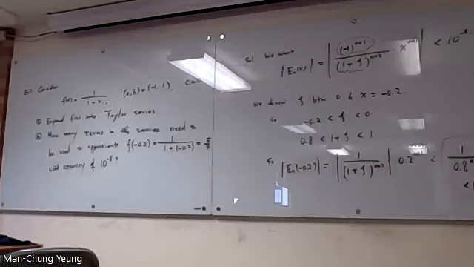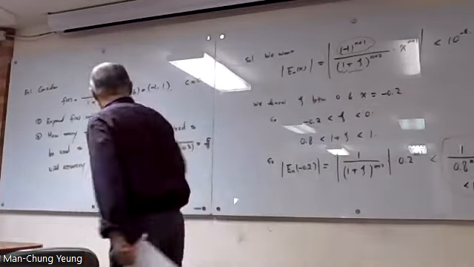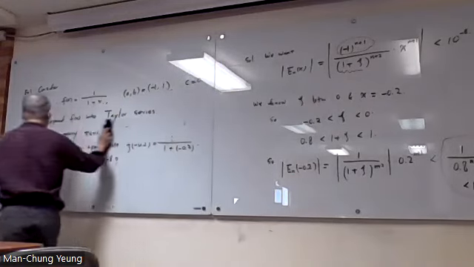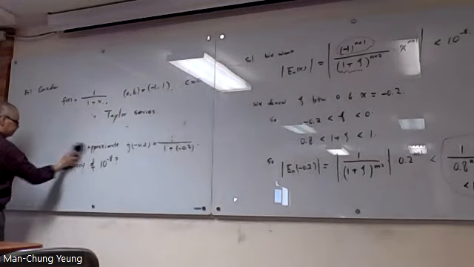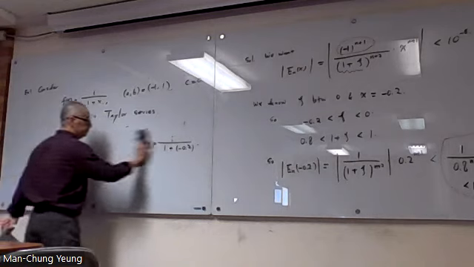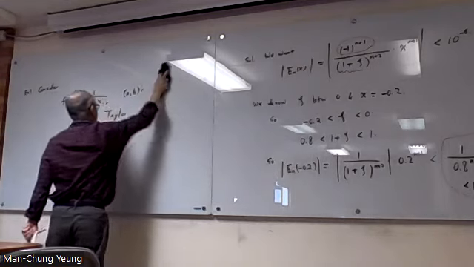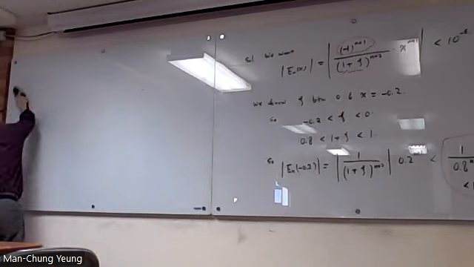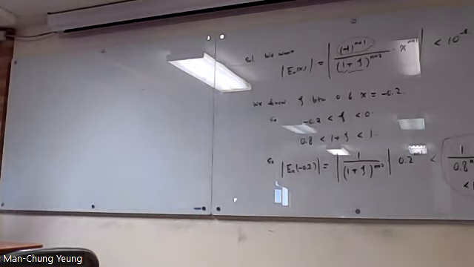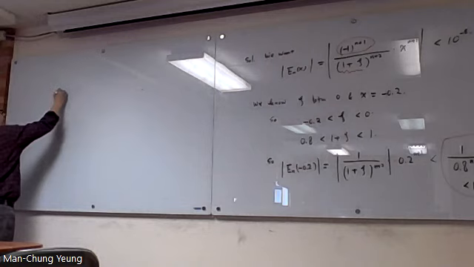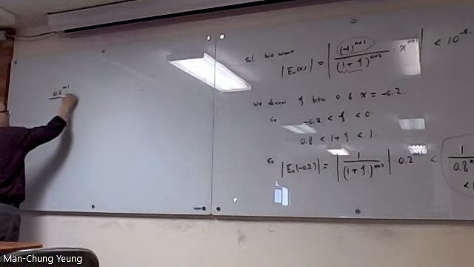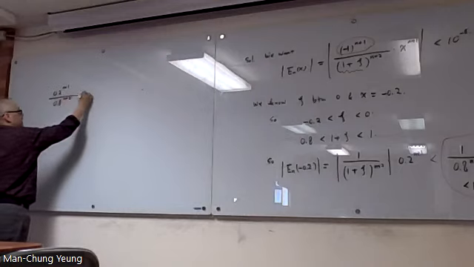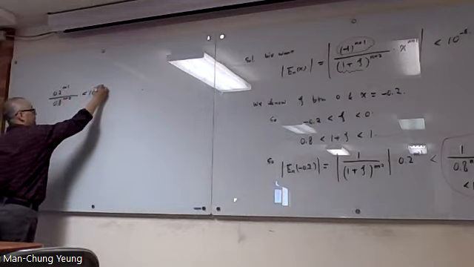Solve this for n. 0.2 to the n plus 2 over 0.8 is less than 10 to the negative 8.